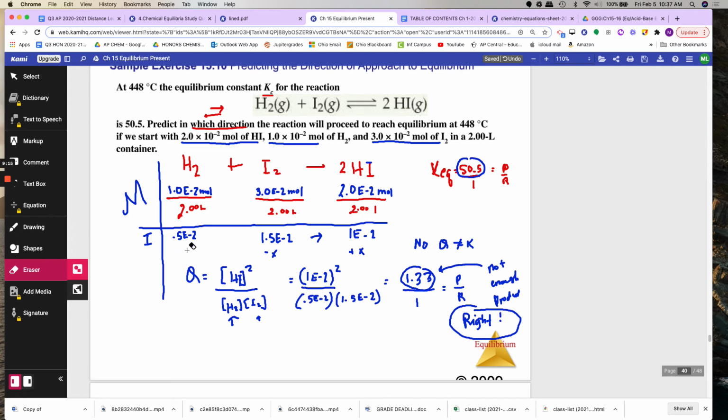If it's going to the left, then it would be a different story. You would use the products to make some more reactants. But you don't need that for this problem. All you have to say is it's going to the right.